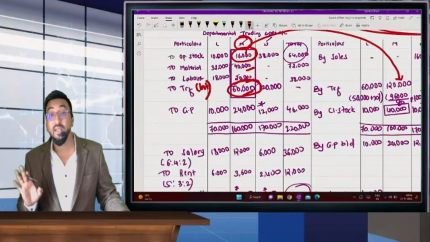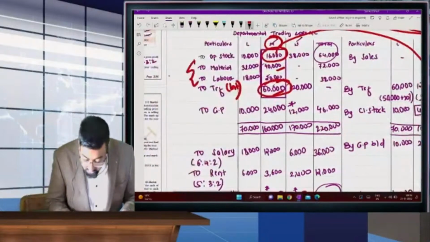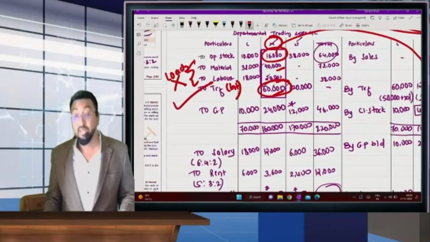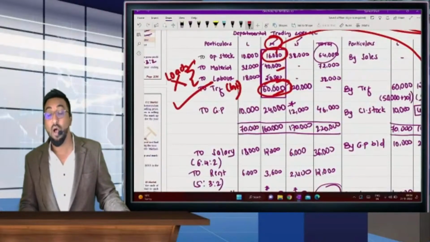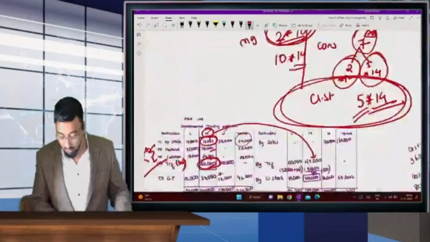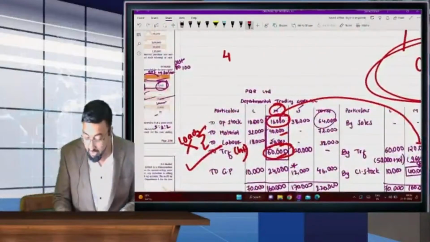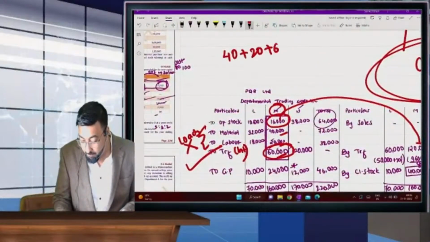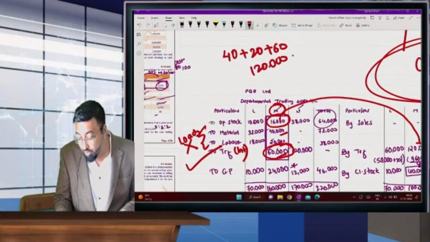Now loading is not in material and labor. Loading is in internal transfer. So out of 1,20,000, only 60,000. So how much is my expense? 40 plus 20 plus 60, 1,20,000 is my cost.